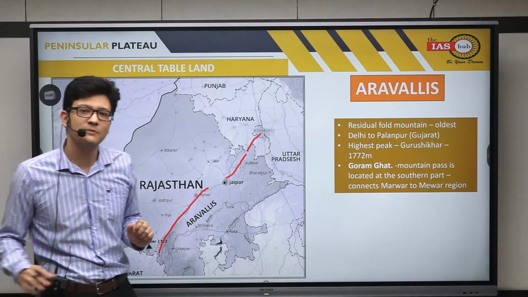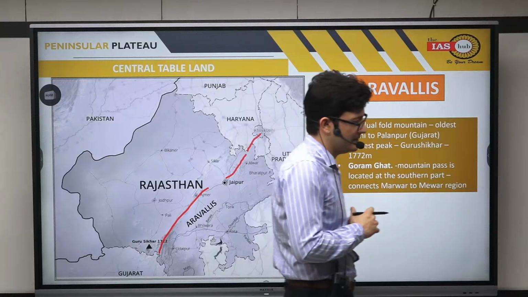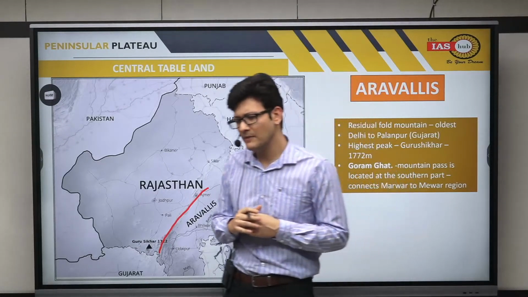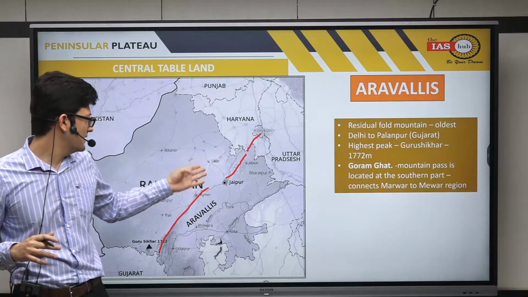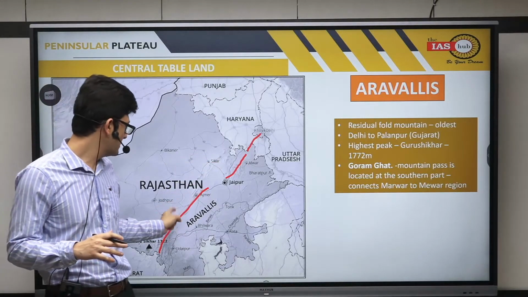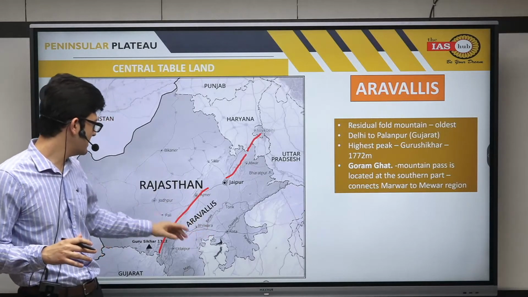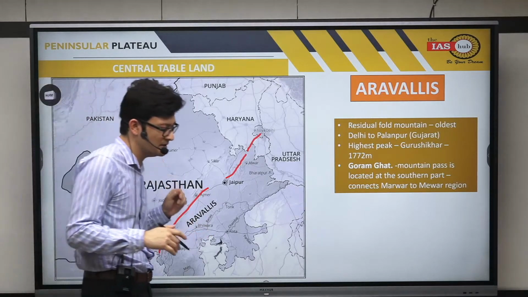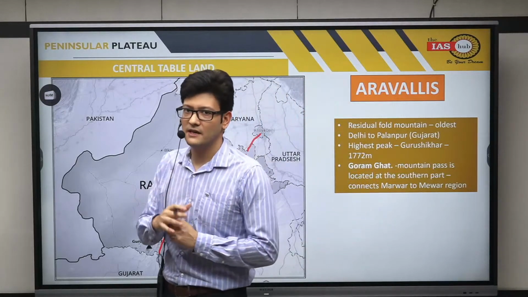They have a highest peak called Guru Shikhar, which is near Mount Abu, a famous religious place for Jains. And there is one pass also which connects the western side to the eastern side. The eastern side of the Aravallis is known as the Mewar region, and the western side is known as the Marwar region.